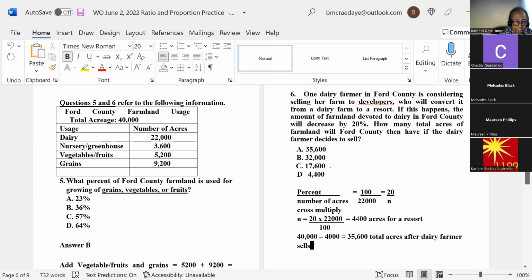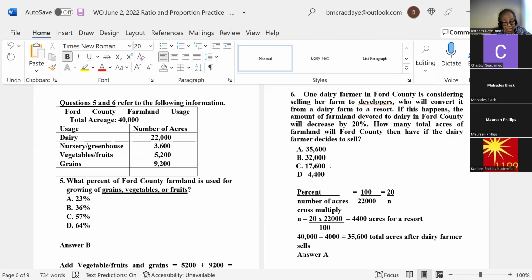Okay, alright. So you have to subtract that from the total acreage, which was 40,000. Okay, miss, I get it now. Got it? So your answer would be A. So I got it halfway right, miss, because I went as far as the 4,400. So I used it as the answer, which is incorrect.